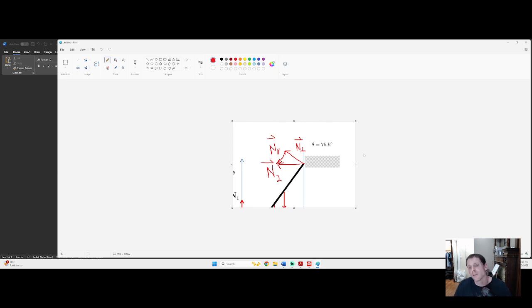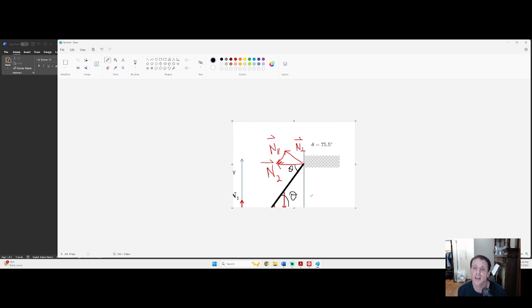Okay, so if this angle right here is theta, then that means this angle right here is also theta, right? Because these are the interior angles of a line that intersects two parallel lines, right?